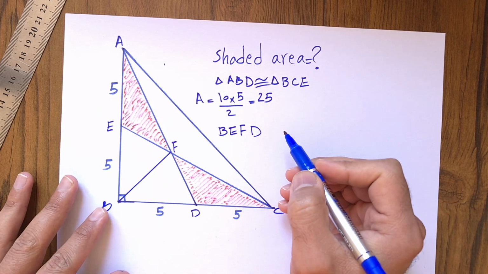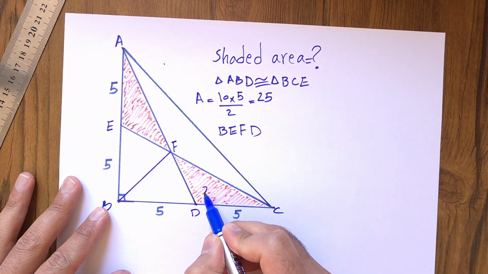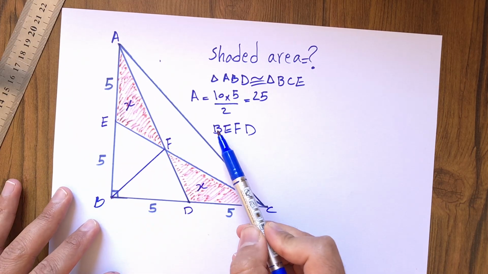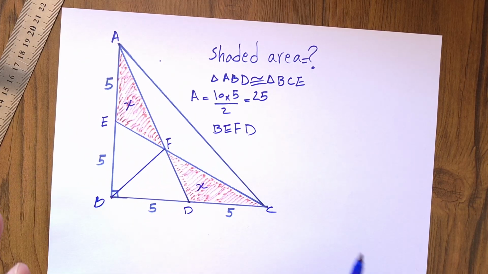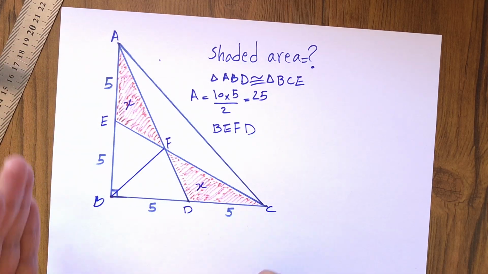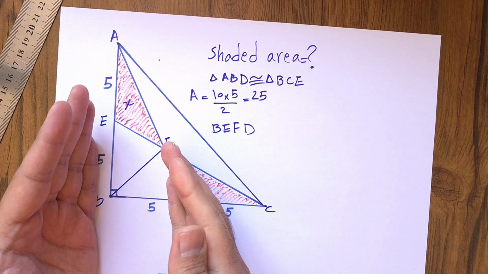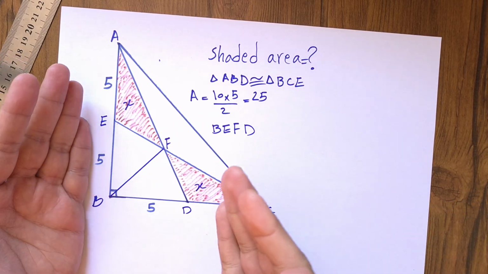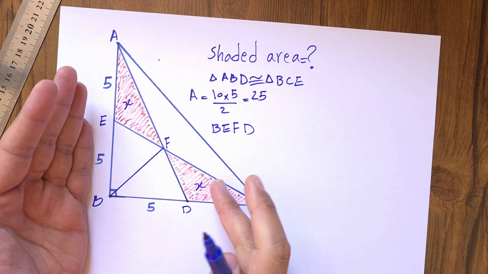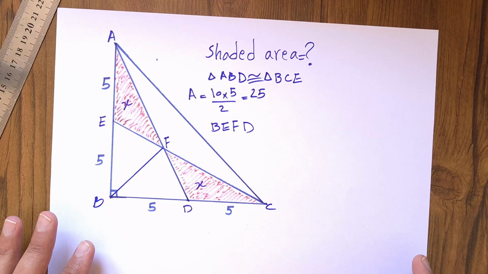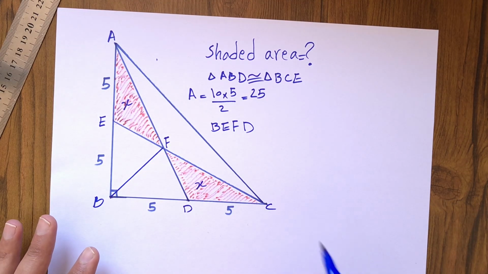Let's name them X. One more time, this region BEFD is common among these two triangles, and since the areas are also the same, 25, we can conclude that this shaded area and this shaded area are 100% the same. Let's name them X.